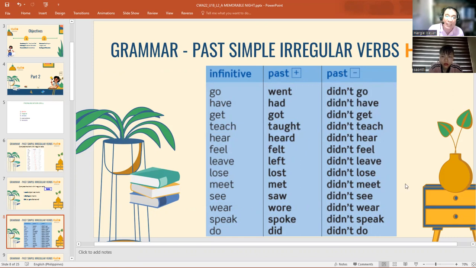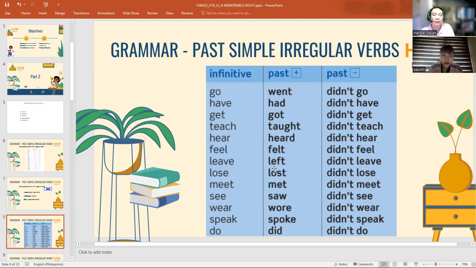Okay, let's try to read them. Sal, go, went, didn't go. Have, had, didn't have. Get, got, didn't get. Teach, taught, didn't teach. Hear, heard, didn't hear. Feel, felt, didn't feel.